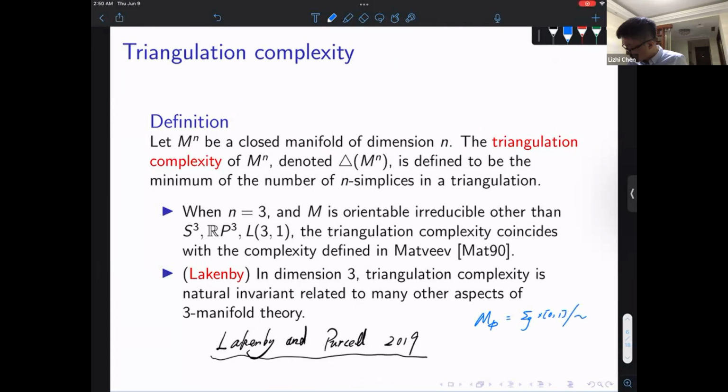Also in this paper, I think there are lots of results like this, such as the translation length of the homomorphism. I can't remember the result explicitly, but this is a very long paper. It gives many results between triangulation complexity and other things.